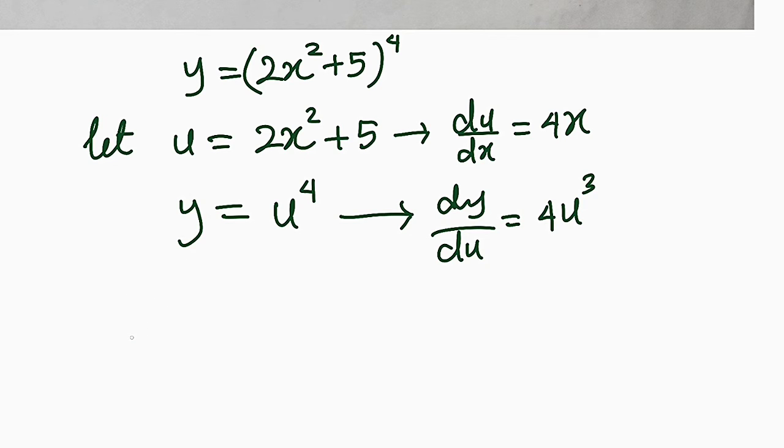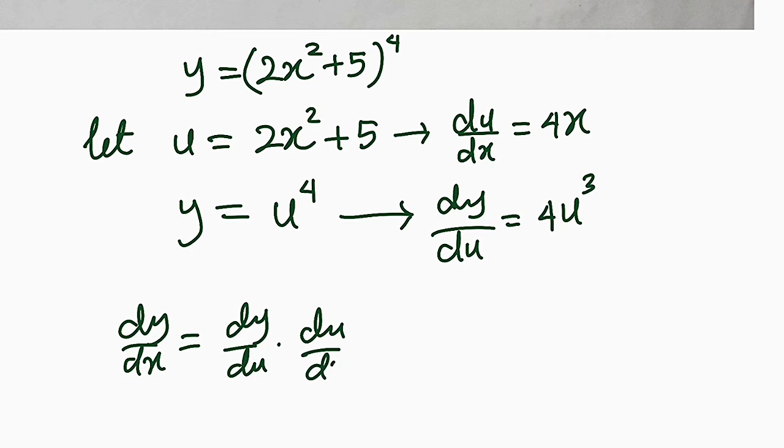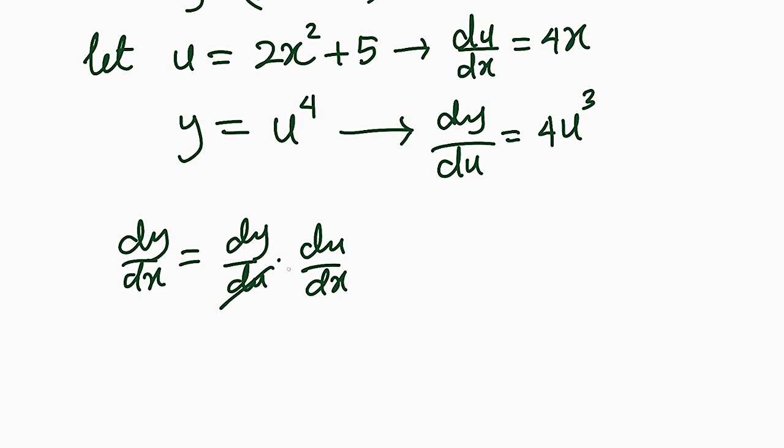Applying the chain rule, it is stated that dy over dx is nothing but dy over du multiplied by du over dx. Just observe, du will cancel du, we have dy over dx. So dy over du is 4u to the third power.